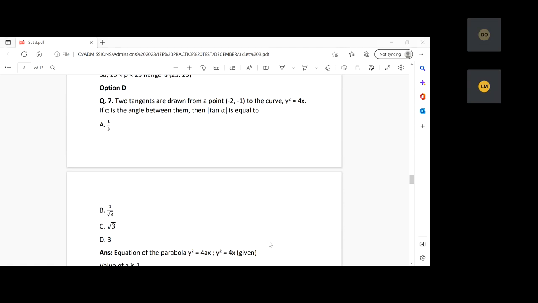So see how you're going to solve this question. What is given in the question is two tangents are drawn from the point (-2, -1) to the curve y square equal to 4x. They have given alpha as the angle between them. What is tan alpha? I'll give you just 2 minutes to recollect how you're going to solve it. Then we'll start discussing.